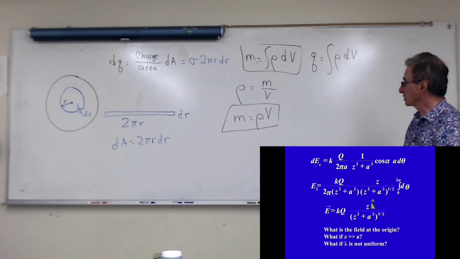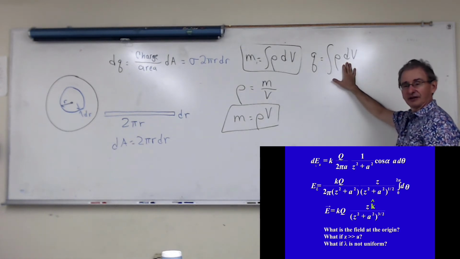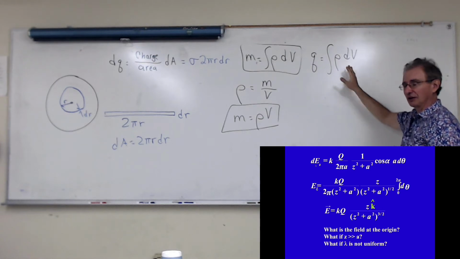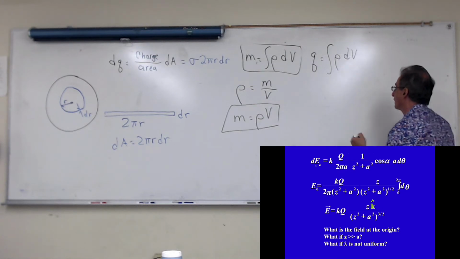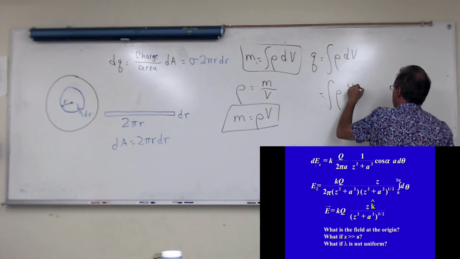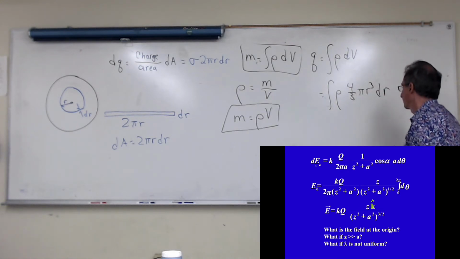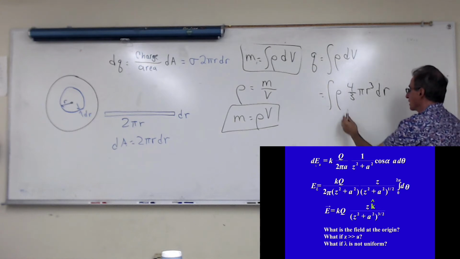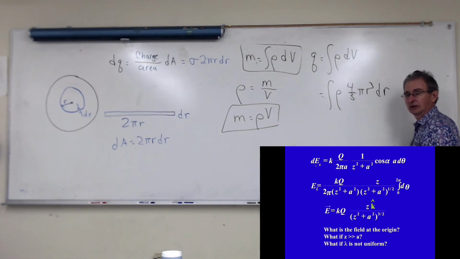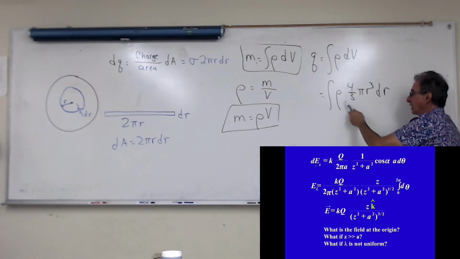And when you're doing these problems, think about the units, the dimensions of your integral. I don't know how many times people on a test will do this. This is charge per unit volume. And then you have a volume. So now you're going to have charge.